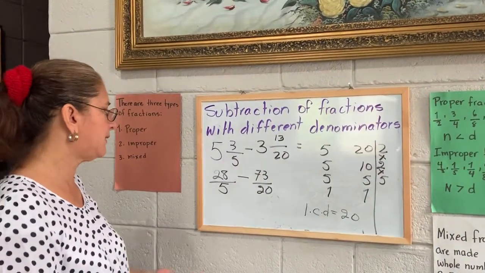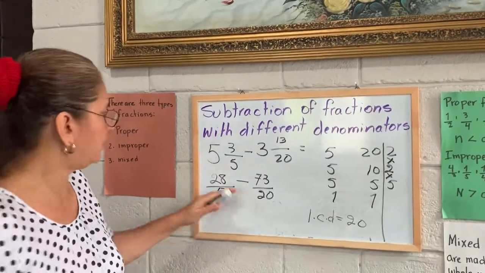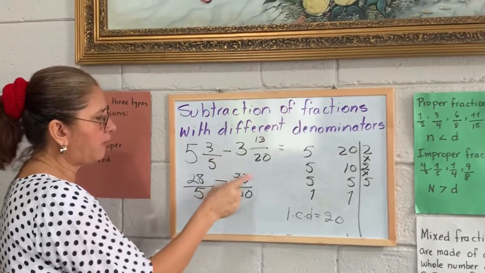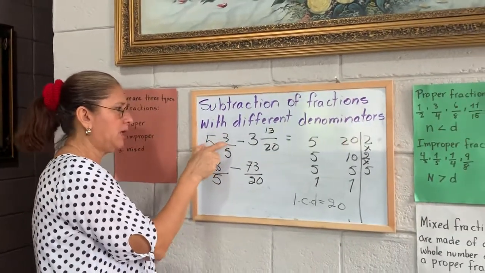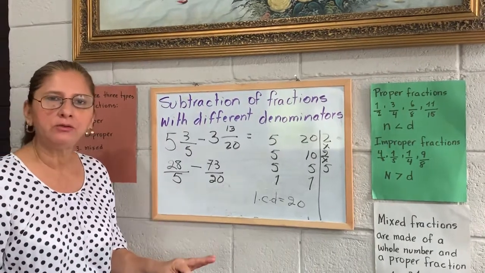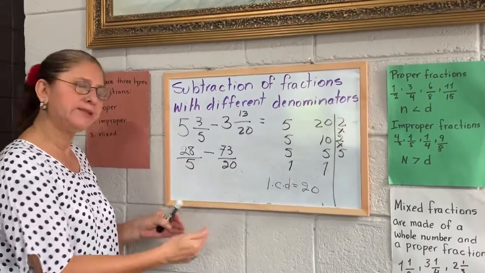Now, what is the next step? Find equivalent fractions. Remember that the step I followed over here was changing the mixed fraction into an improper fraction, but I haven't done the equivalent fraction yet. Now is the next step.